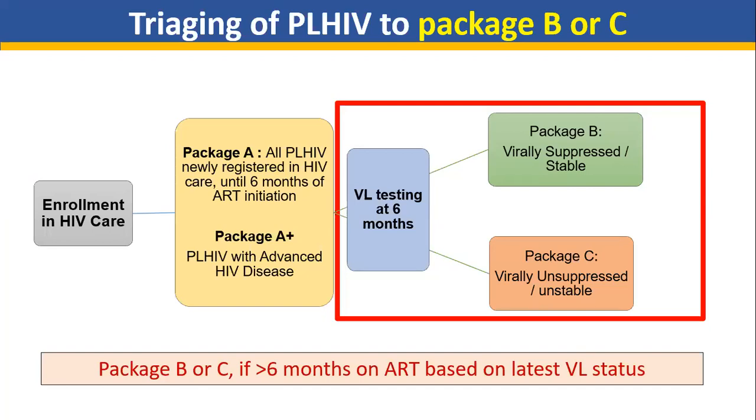They will then come into package B services for a future program. And those patients who are still virally unsuppressed or unstable, or having any other opportunistic infection or co-infections, and are not found to have viral suppression, are categorized as package C. They will be categorized for package C services.